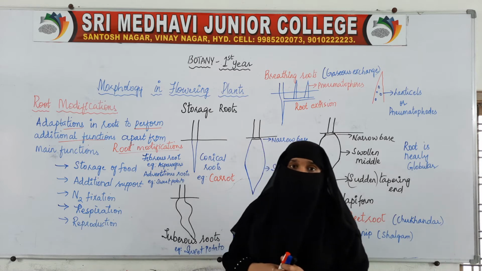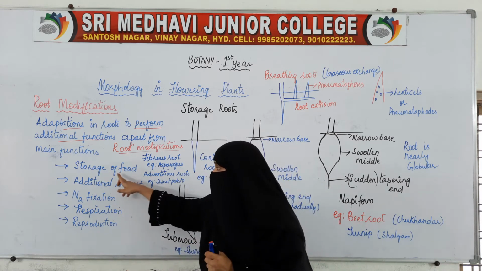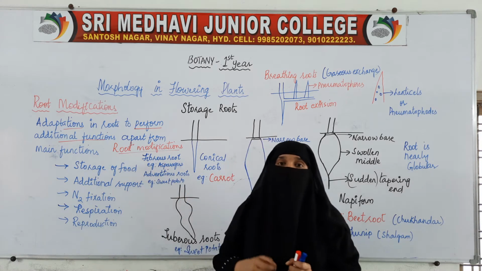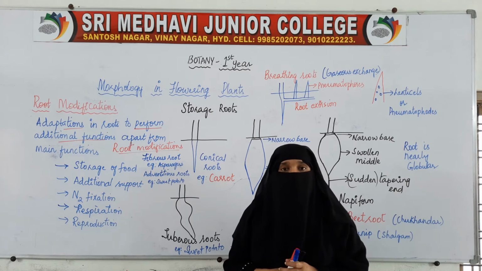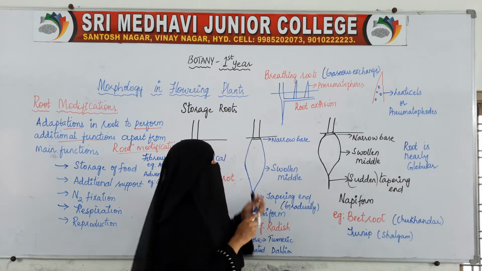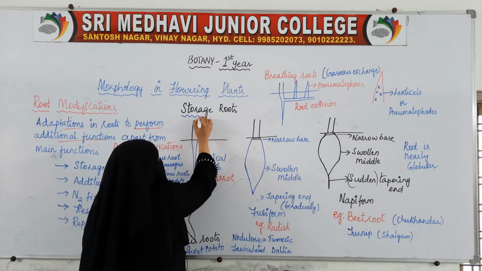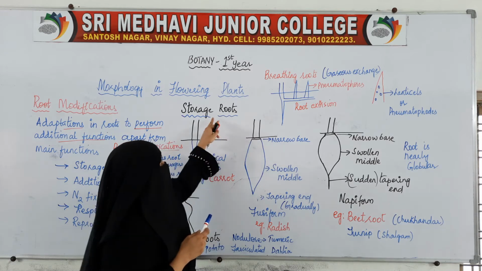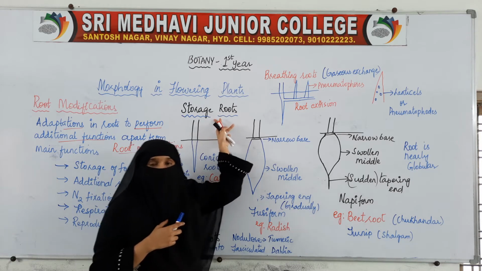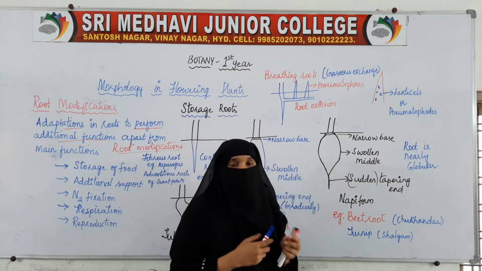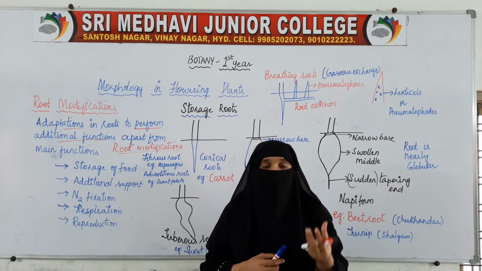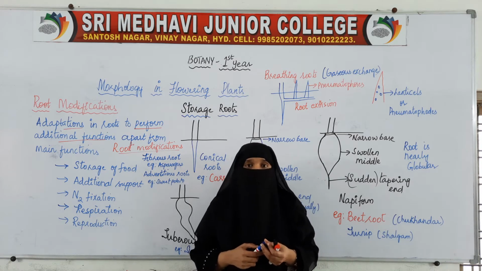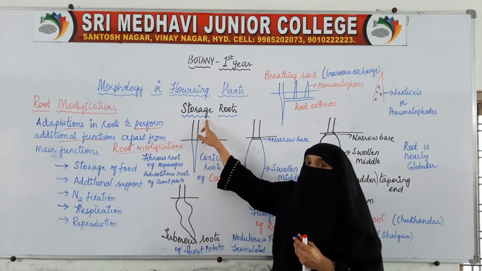Coming to the first modification, we said roots modify in order to store food material. So the first modification the roots will undergo is to store food material, and the roots which store food material, the roots which adapt themselves to store the food material, are called storage roots.